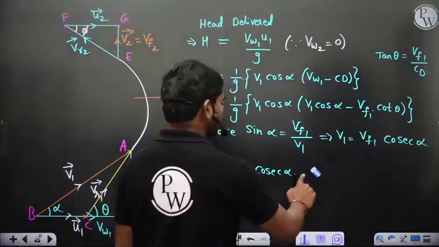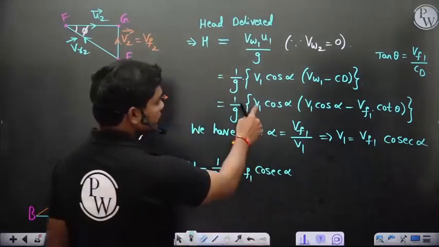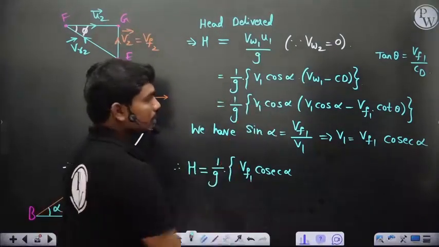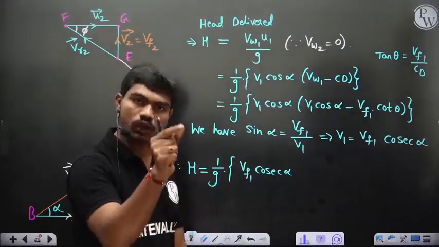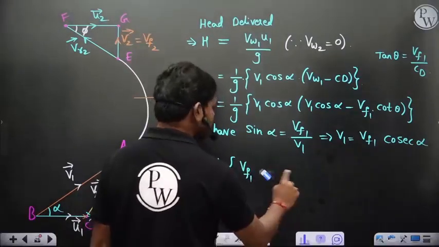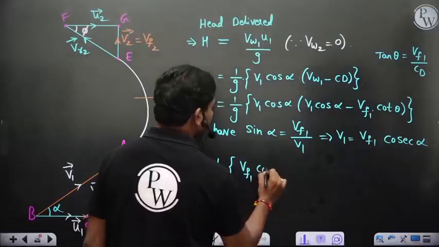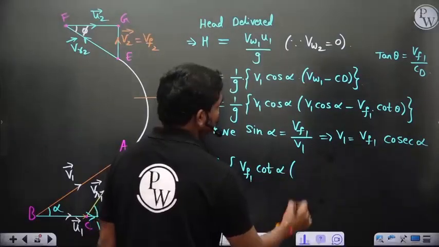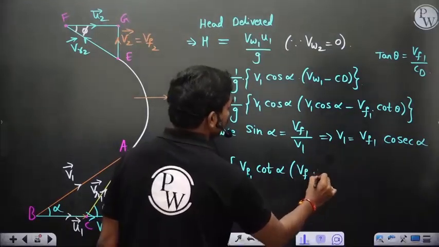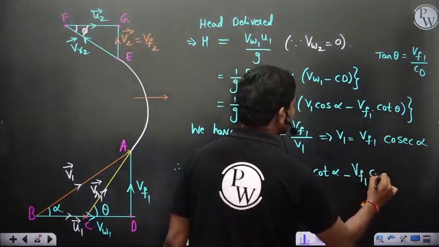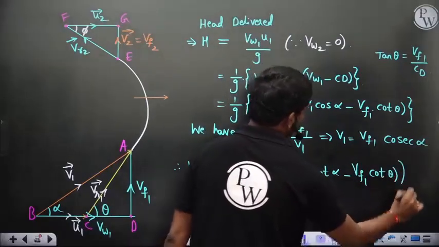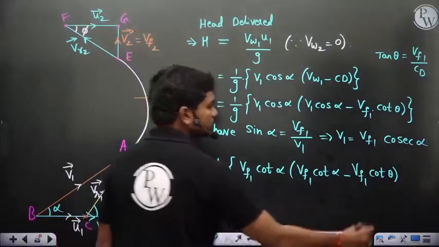So see carefully, V1 cos alpha is VF1 cosecant alpha into cos alpha, which is cot alpha, correct? Because cosecant into cos is cos by sine, so cot alpha. So this can be written as VF1 cot alpha times, similarly, VF1 cot alpha minus VF1 cot theta, of course. Okay, so this is what you have here.